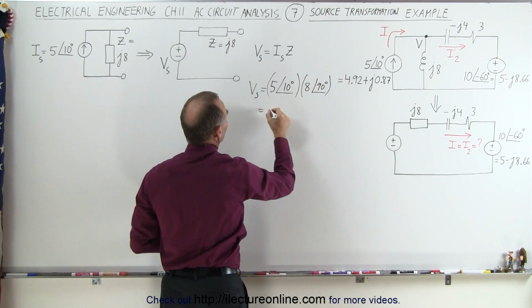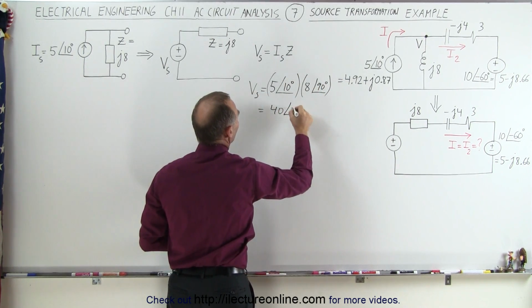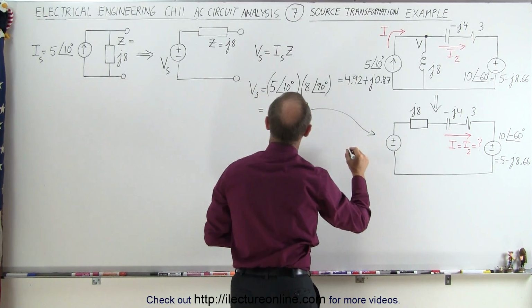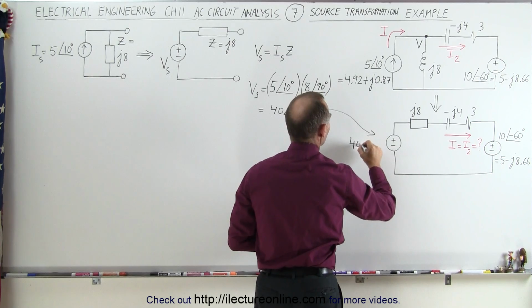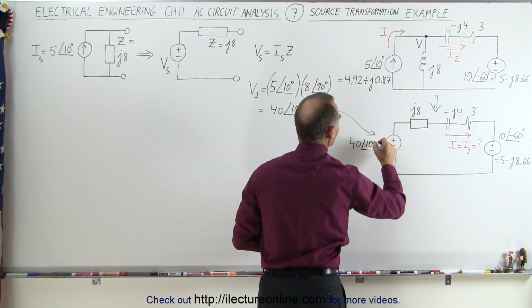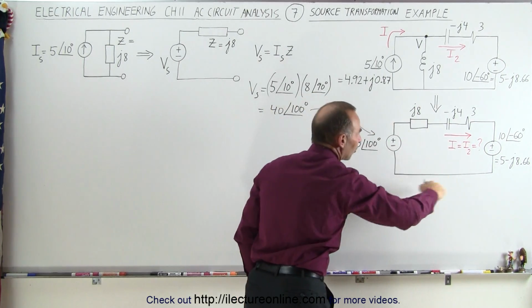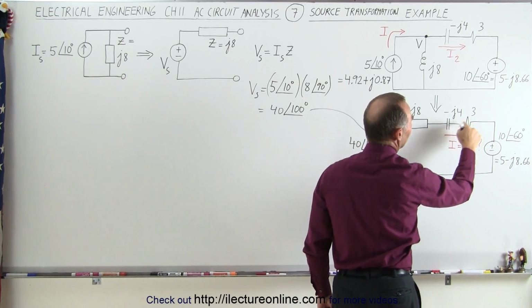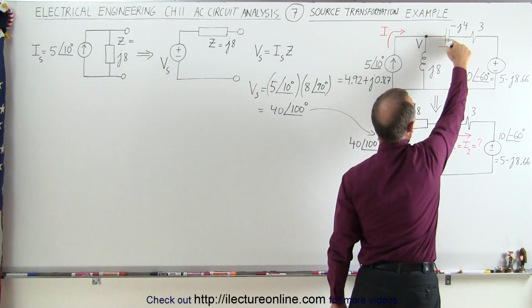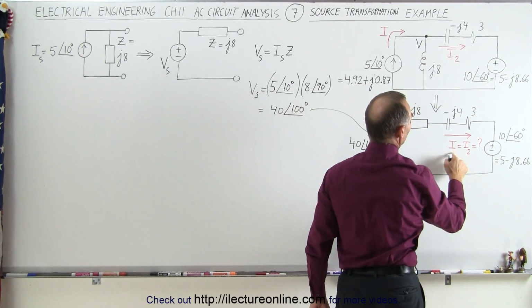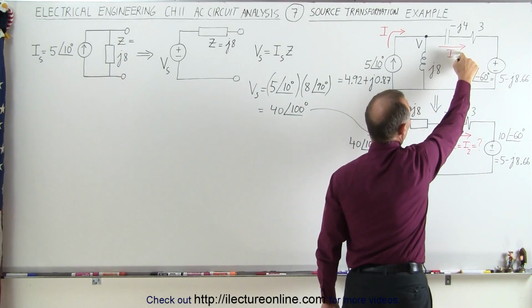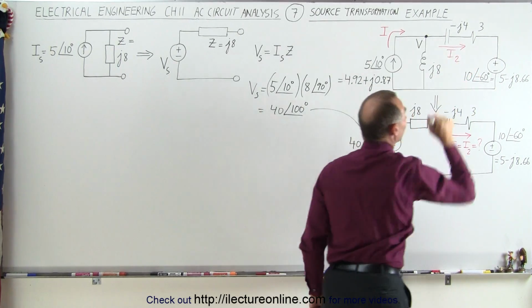In other words, this is equal to 40 with a phase angle of 100 degrees, and that goes over here, so this becomes 40 volts with a phase angle of 100 degrees. Now we'll solve the current through this circuit. Notice that the current flowing through the capacitor and the resistor here will be the same as the current flowing through here. In other words, the current that we're trying to find in this loop, I, is equal to I2, which is the current that we're looking for.